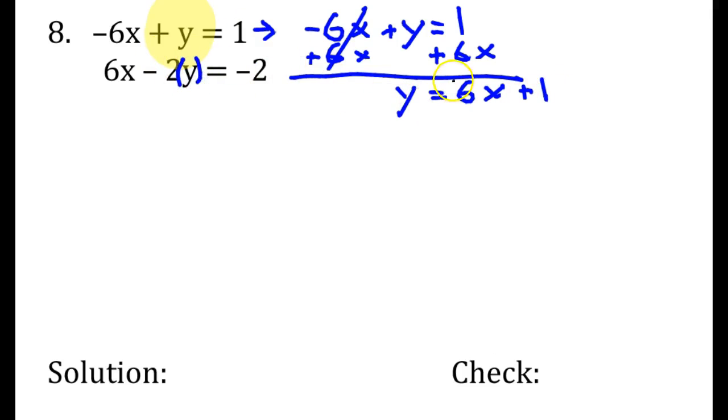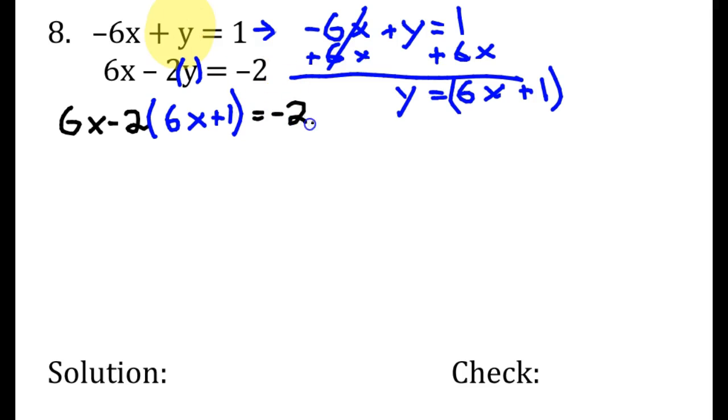Just make sure you use parentheses when you plug it in, and it should be just like last night's homework. So we got 6x minus 2 times, in parentheses, the 6x plus 1 with y equals, right? And that should equal negative 2. So must use parentheses because we have to do distributive property.